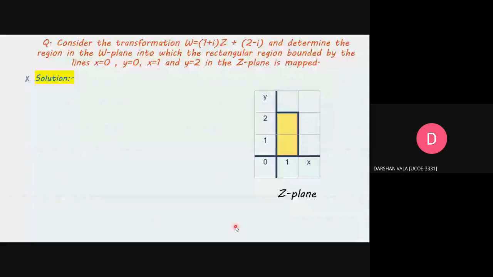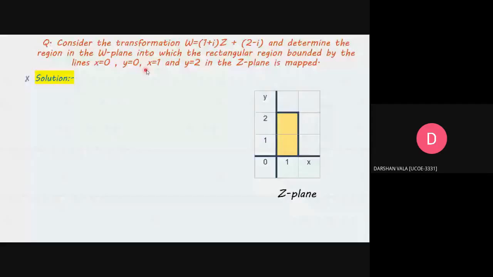Now let's see an example based on linear transformation. The first question is: consider the transformation W equals 1 plus i into Z plus 2 minus i, and determine the region in the W plane into which the rectangular region bounded by the lines x equals 0, y equals 0, x equals 1, and y equals 2 in the z plane is mapped.